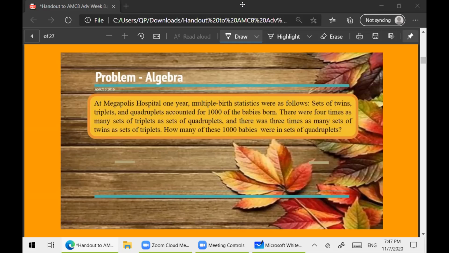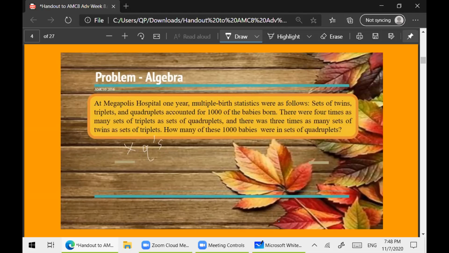Okay, so I'll just give a hint. So let there be X set of quadruplets.